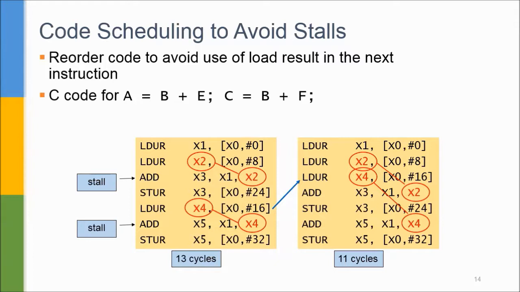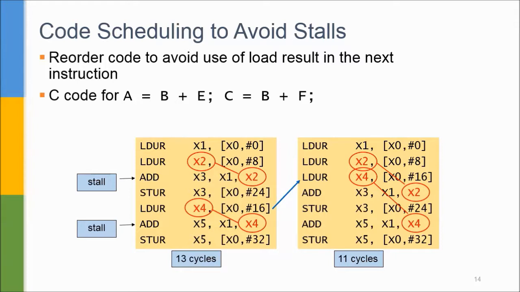Similarly, in the second add instruction, the data needed in the x4 register is not available until the load instruction written above this add is executed. So this takes a total of 13 clock cycles to complete this instruction set.